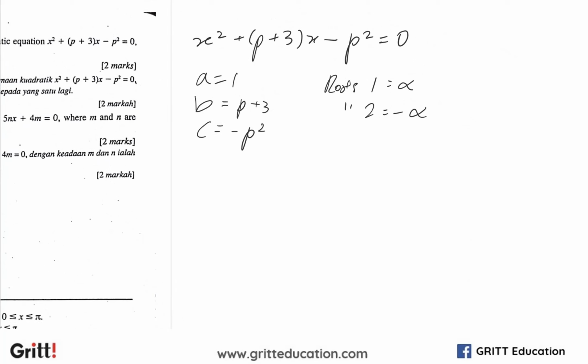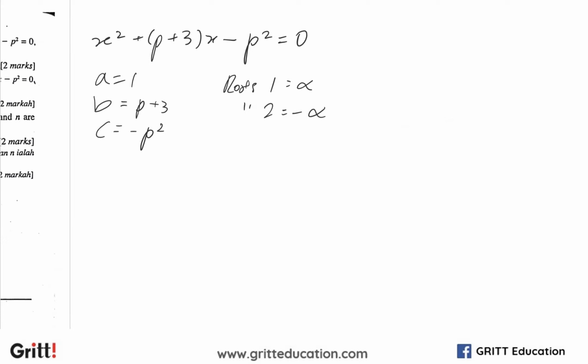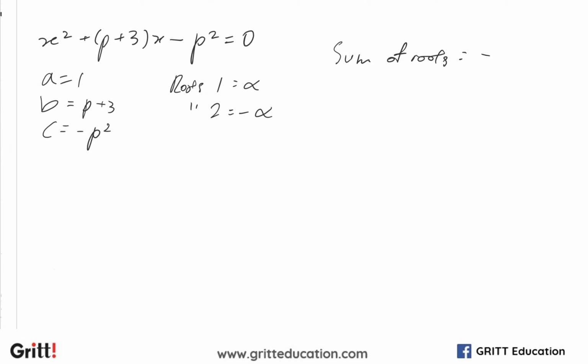So let's go with the first one first, the sum of roots. The sum of roots is equal to negative b over a. So the sum of roots is negative alpha plus alpha, and it'll be the negative of (p plus 3) over 1.